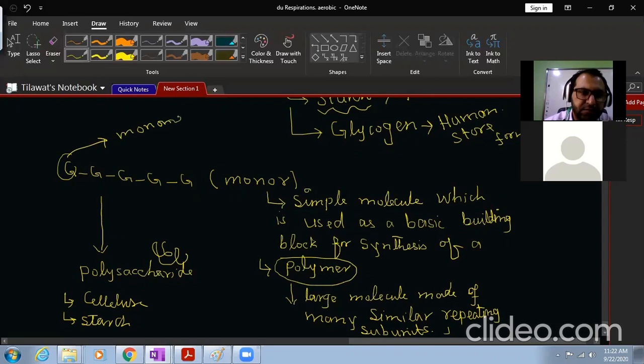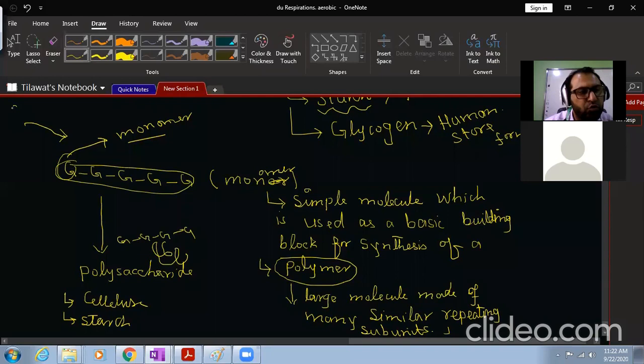Monomer, right? Here make a correction, monomer. Okay, monomer, the small unit. Now, this monomer repeated and they form what? Polymer. This complete chain is polymer, while one glucose is what?